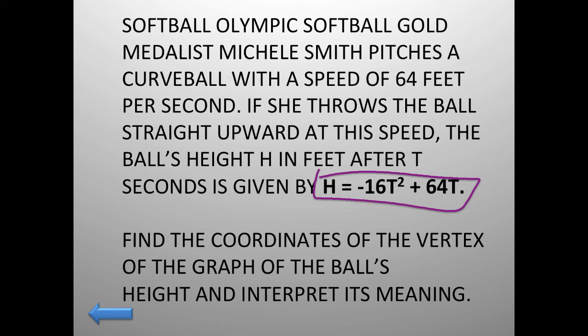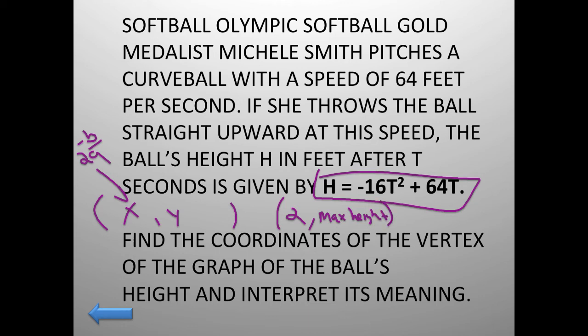So in this case, you are going to get an x and a y, okay? So the x is found by opposite b over 2a. It's going to end up being 2. And then when I plug it in, I'm going to get a max height.